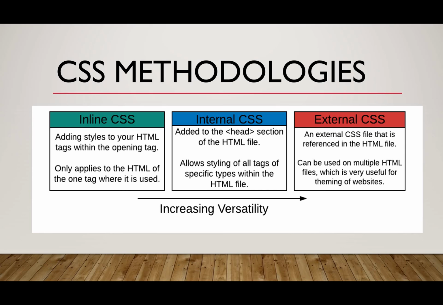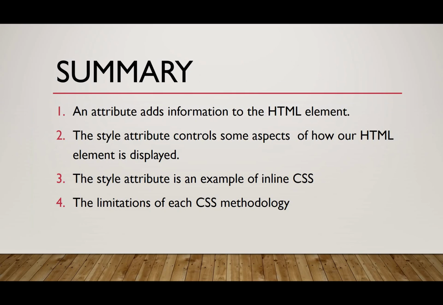Again, we'll learn a little more about internal CSS and external CSS as we go on, and soon enough you will be able to make your own CSS files. In summary, we talked about attributes that add information to our HTML elements, things like hyperreference, image source, width, height, and various other examples.